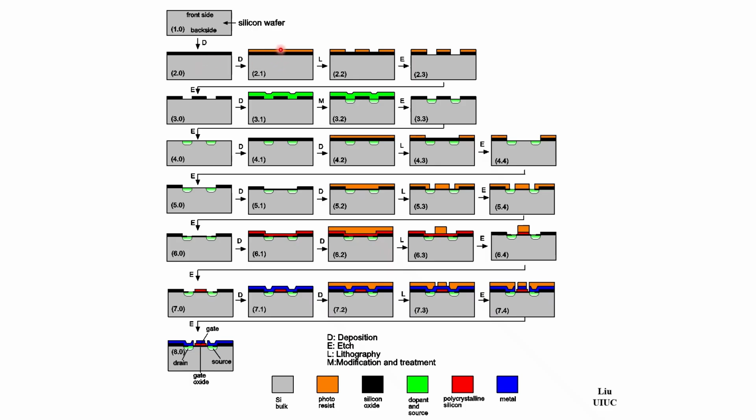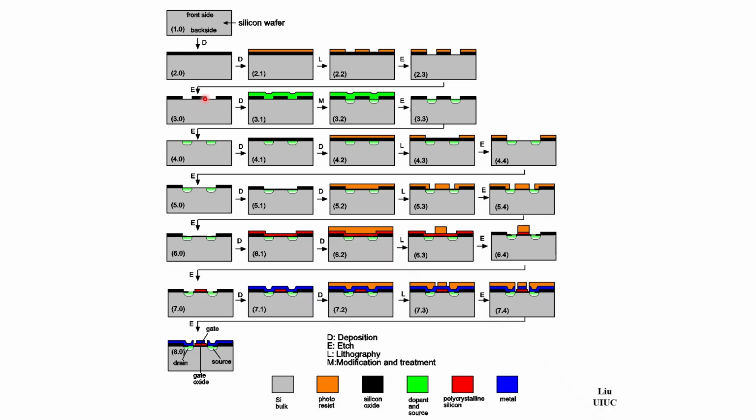And this is followed by photolithography, this orange layer. The resist is allowing the transfer of patterns into oxide. The resist is removed, and the oxide can be used for doping.